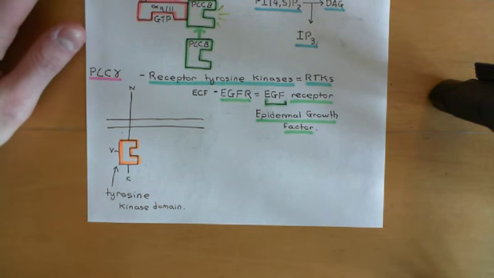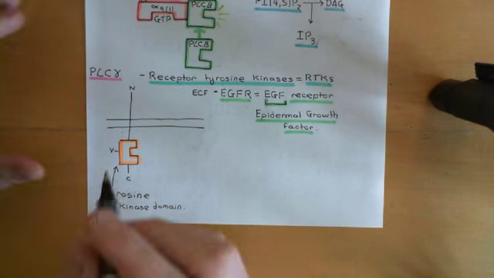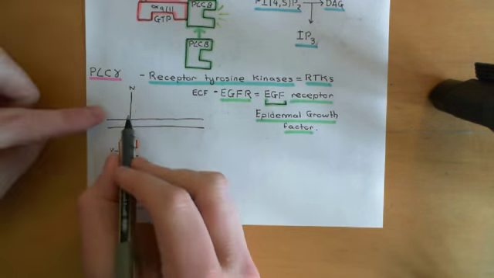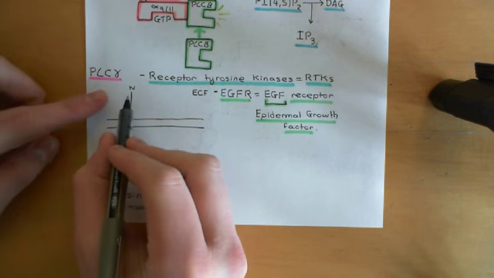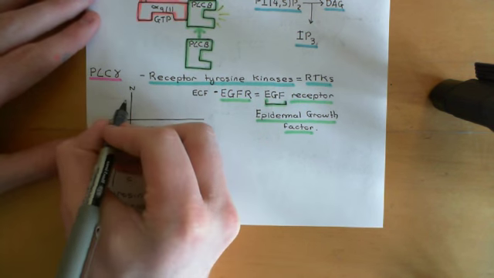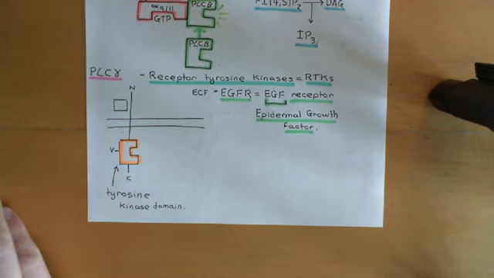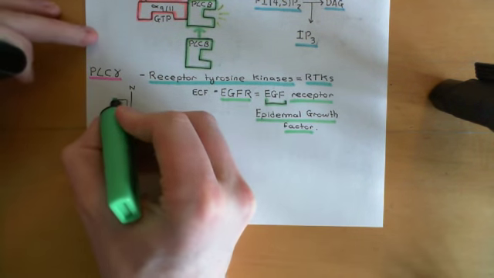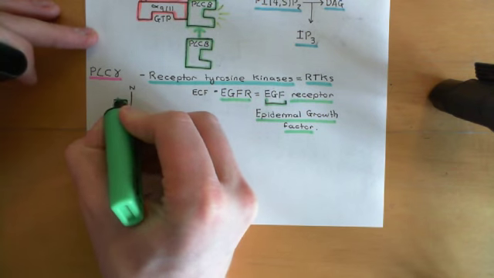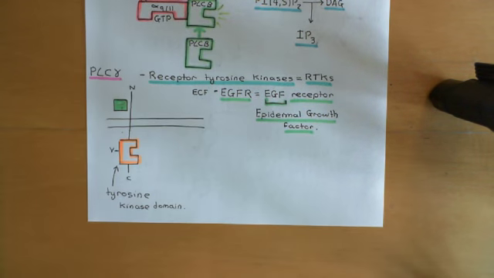Okay, right. So, let me now say what's going to happen. So, let's go through this cascade. So what's going to happen is the ligand is going to now bind to the extracellular domain of our receptor tyrosine kinase. Okay, so I'll show the ligand here, and I'll colour the ligand in green. So if this is the epidermal growth factor receptor, then this ligand will be the epidermal growth factor then.